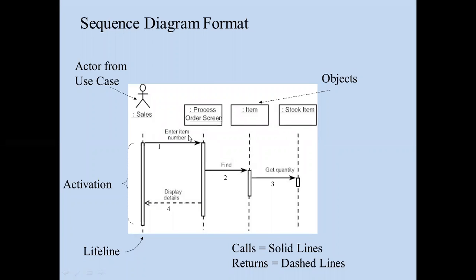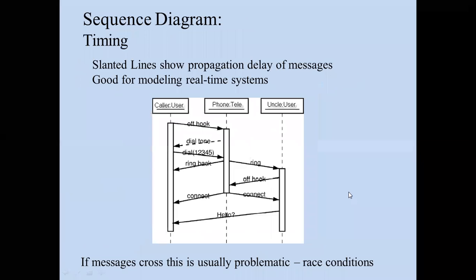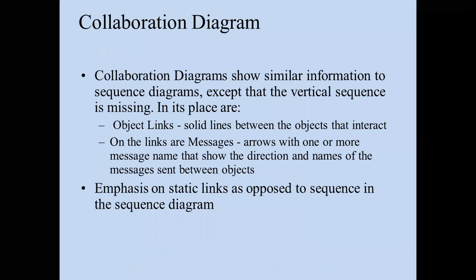Here you can see the message from the actor, like enter item number to the process order screen. The second message is from the first object to the second object, that is find the item, then get the quantity, and then the return message from that process, like display the details. This is the sequence of that diagram. These are the sequence diagrams.